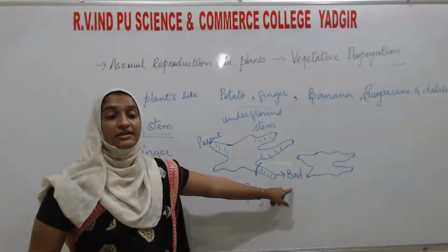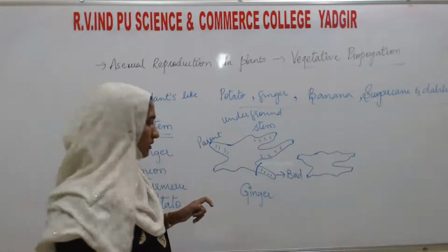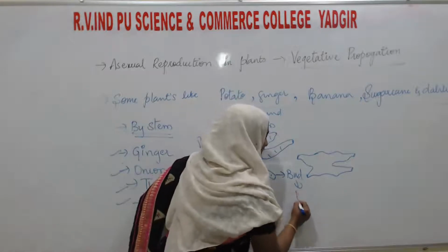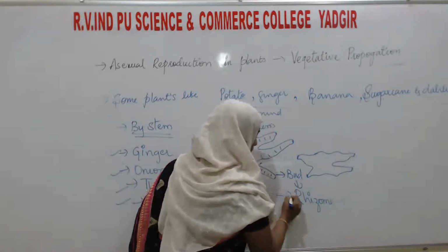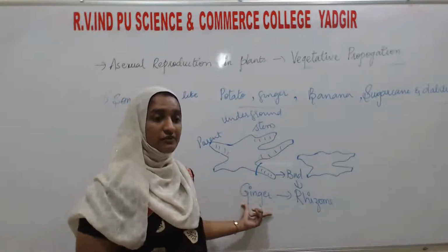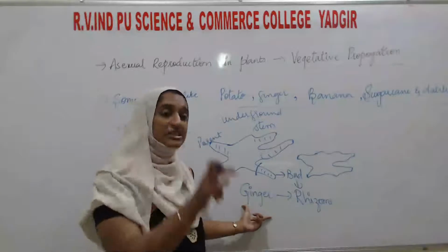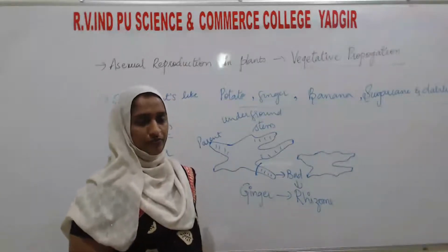What is that particular unit, the vegetative propagule, known as? This is the rhizome. What I told in the last topic, ginger will undergo vegetative reproduction. The vegetative propagule of ginger is the rhizome.